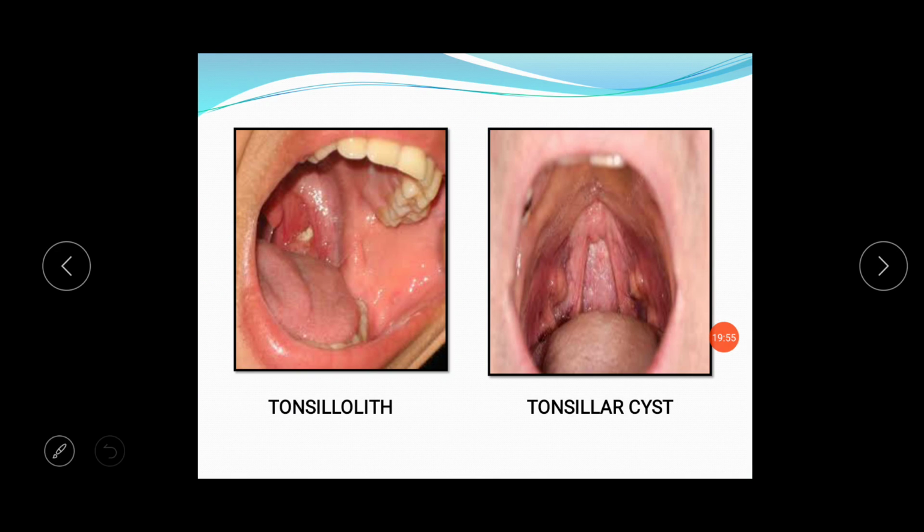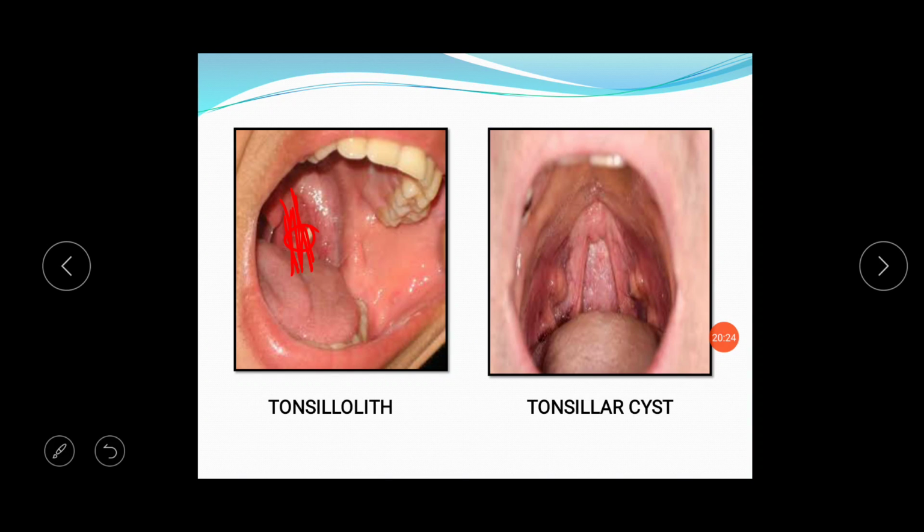In tonsillolith, there will be formation of a stone in the tonsil, and calcium or magnesium carbonate stones are present in the tonsillolith. Whenever there is formation of a membrane over the medial surface of the crypt which is containing cheesy material, it will form a tonsillar cyst.